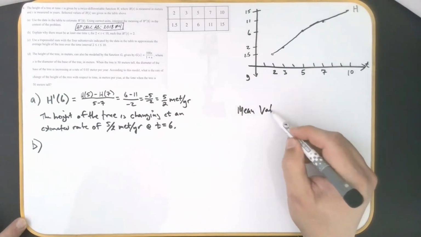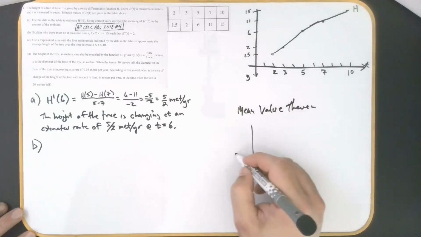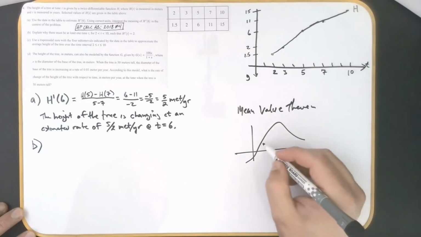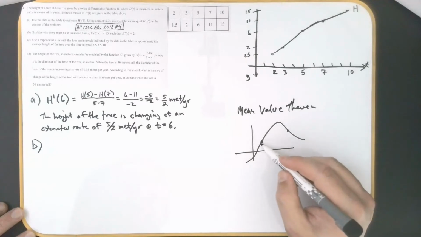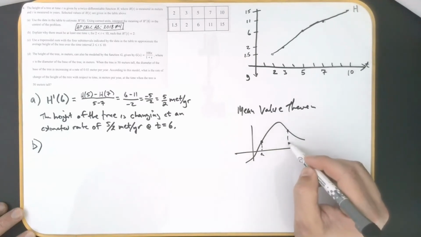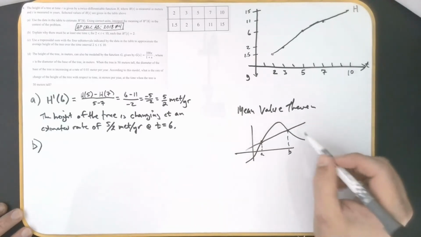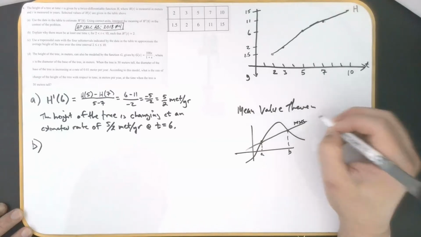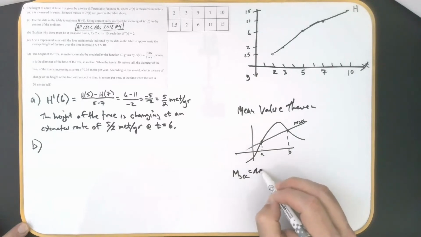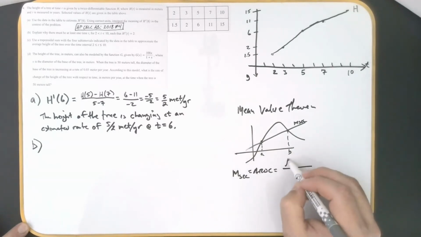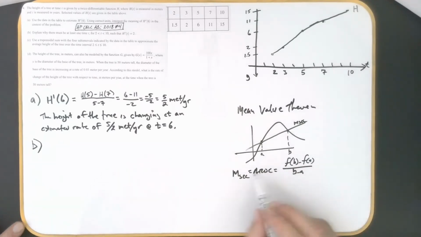So the mean value theorem, always good to review these theorems. The mean value theorem says if I have a function that is differentiable and continuous on the closed interval, so here is my function, here's my interval, I'm just going to say from a to b. What the mean value theorem says is that if you take the slope of the secant, or the average rate of change, which is equal to algebra 1 slope, f of b minus f of a all over b minus a, all of that means the same thing.